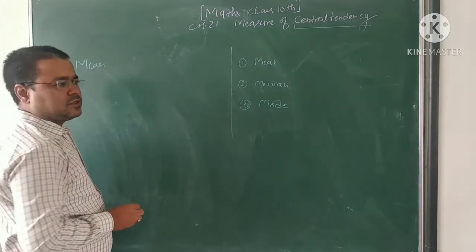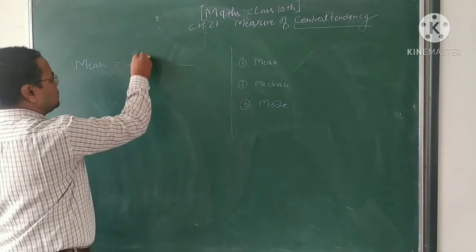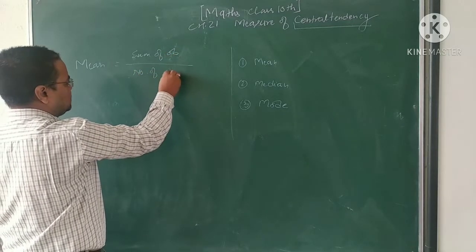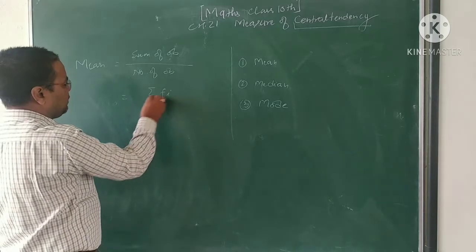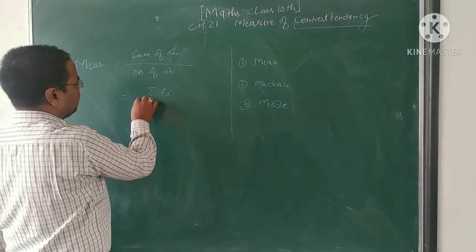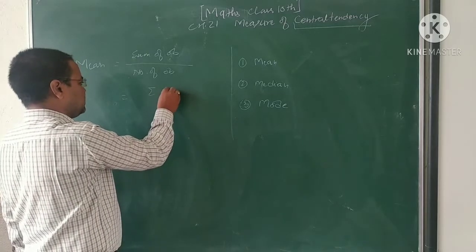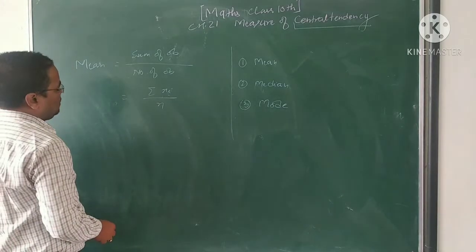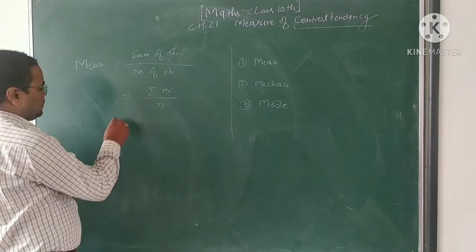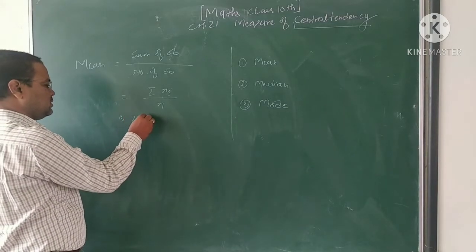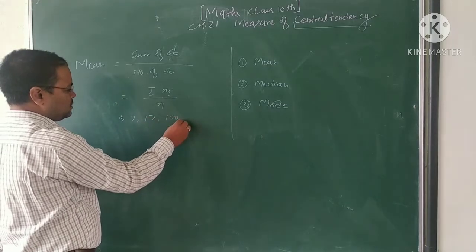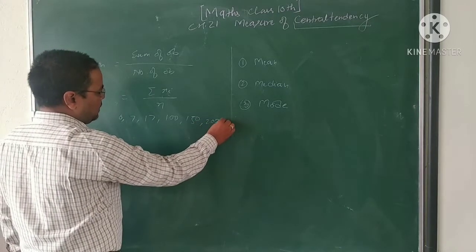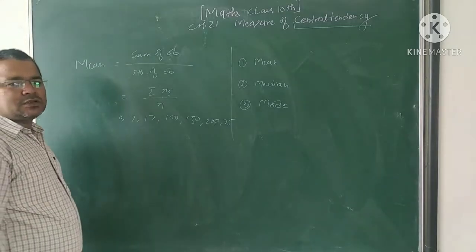In class 9, it was explained that mean is equal to sum of observations upon number of observations. Means sigma xi by n. It means if in a match a player scores 0, 7, 17, 100, 150, 200 and 75, then what is the mean of these values?